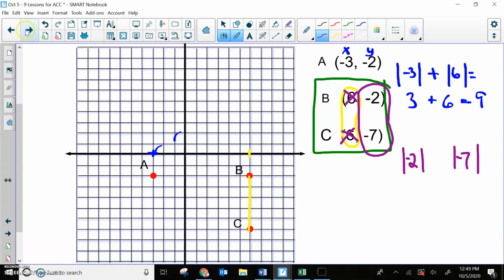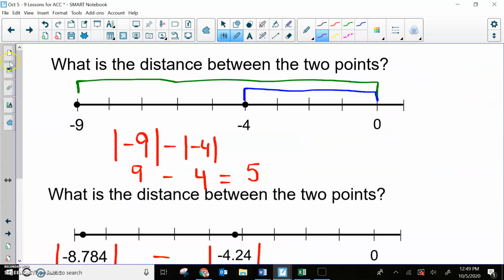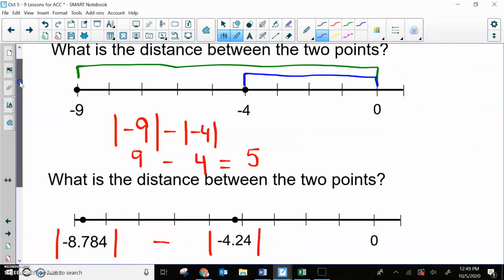Well, we saw from our previous problems that when we have two negative numbers or two positive numbers and they're on the same side of 0, they're not side-by-side jumps like these. These are two jumps where you see a total, and then you see a part, and we're trying to find this other part over here. So we are subtracting them.